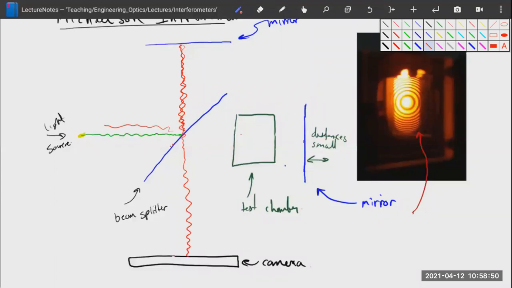If it goes through, let's call the going through purple. So if it goes through here, reflects off this mirror, comes back, it has a 50% chance of being reflected down and coming through here.